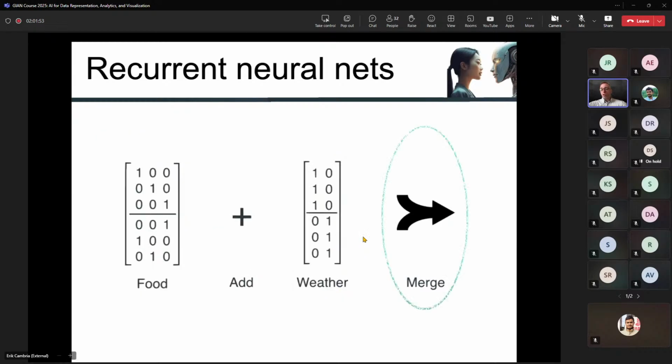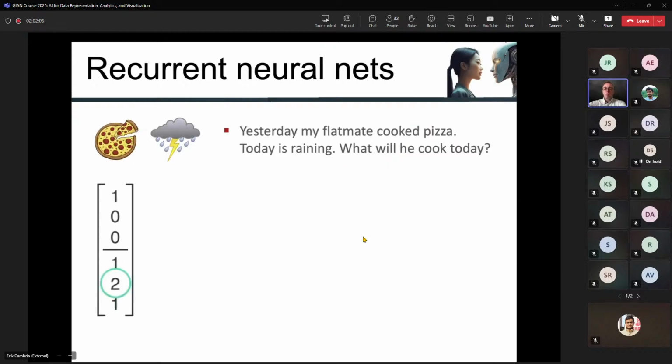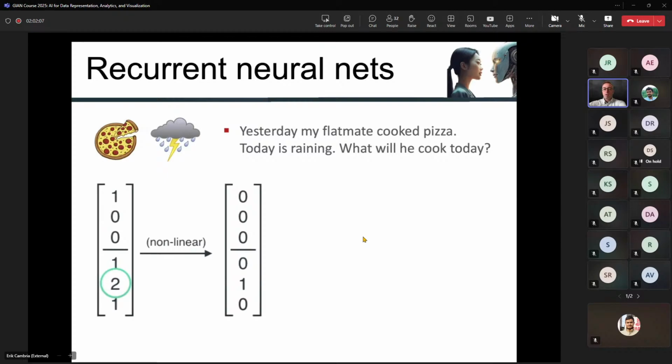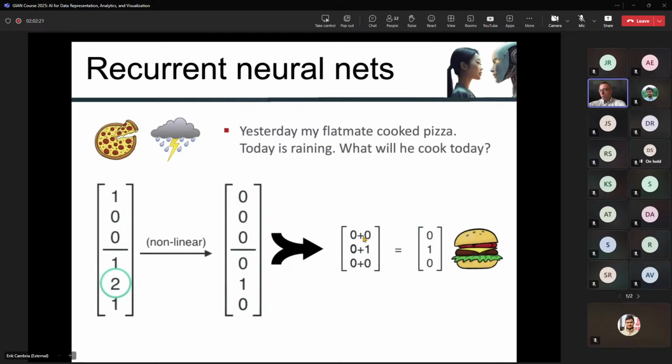I need to merge these two together to get the final answer, because the final answer is a type of food, which is a three-dimensional vector as we defined previously. So I need to do some nonlinear operations to convert these to something that I know. I can, for example, do -1 everywhere, and then when I merge these two pieces of information together, I get my 010.